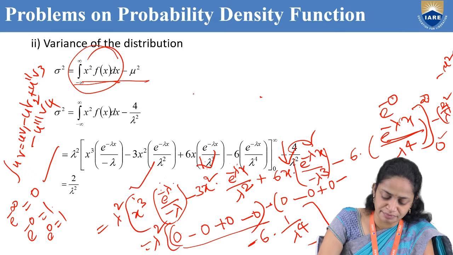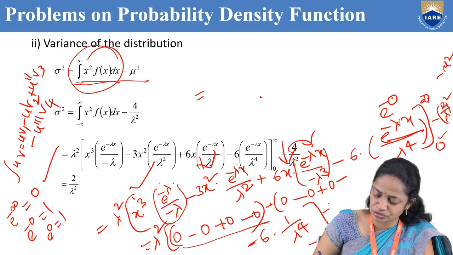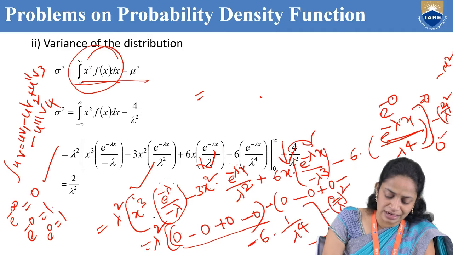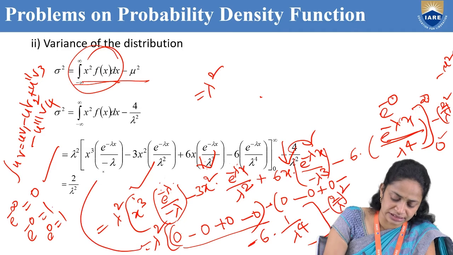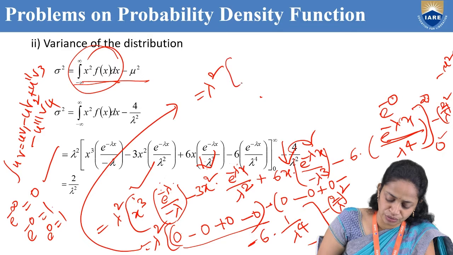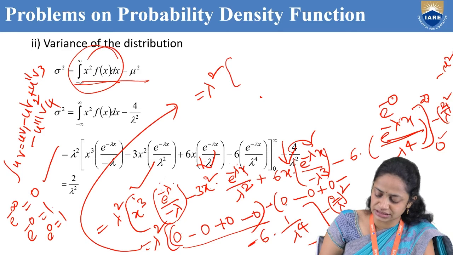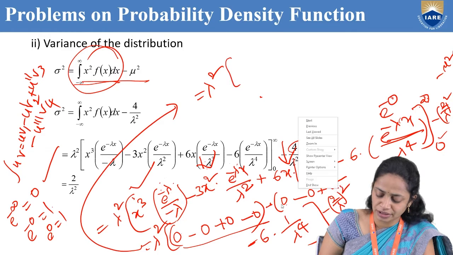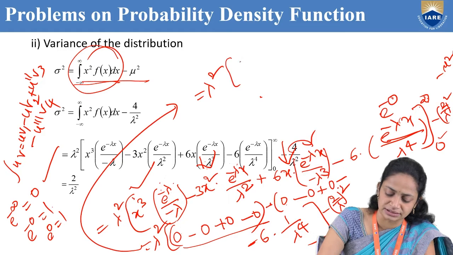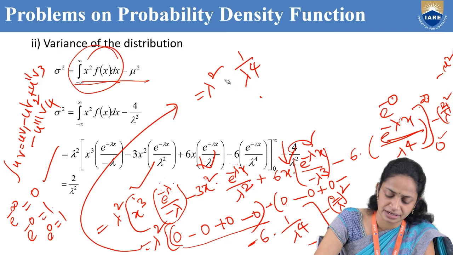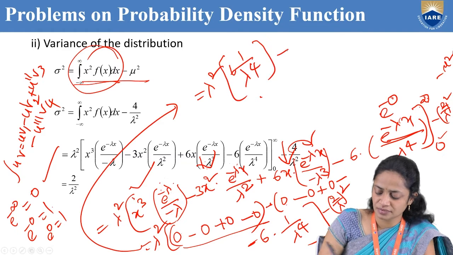So if I simplify this one, and we have mu square, right? So that is 2 by lambda whole square. So lambda square into this total value is 0, and this is 0, this is 0, this is 0, and minus is there, minus into minus plus. So that's why that is 1 by lambda square. Already we have 6 here, right? 6, minus mu square.